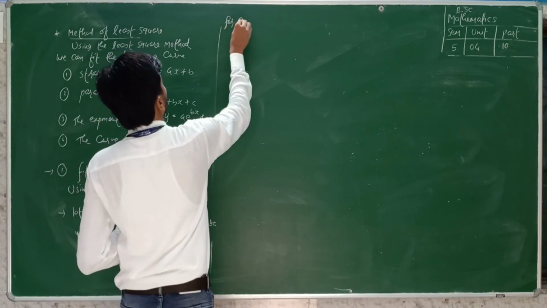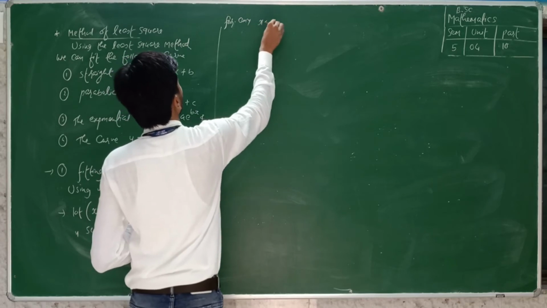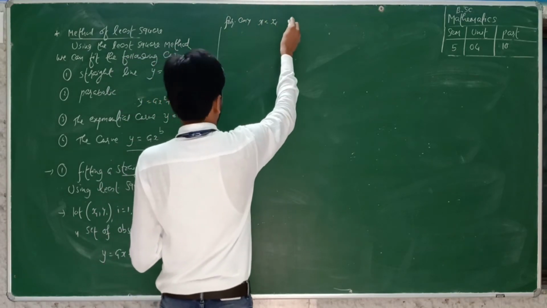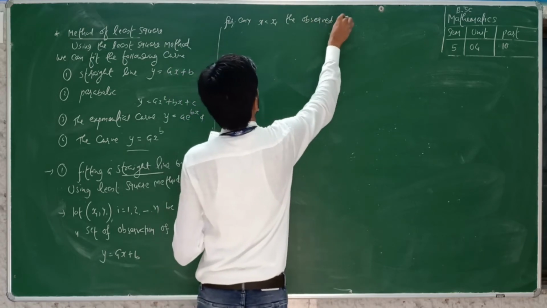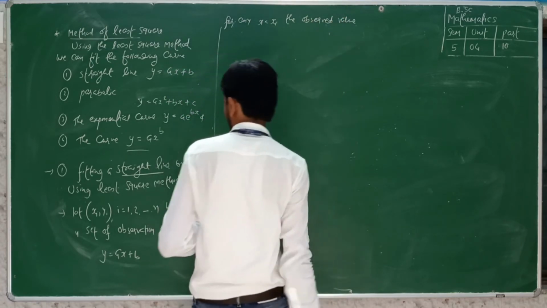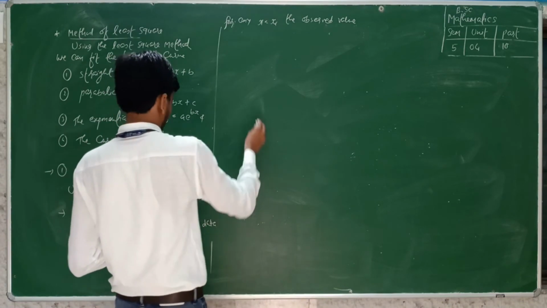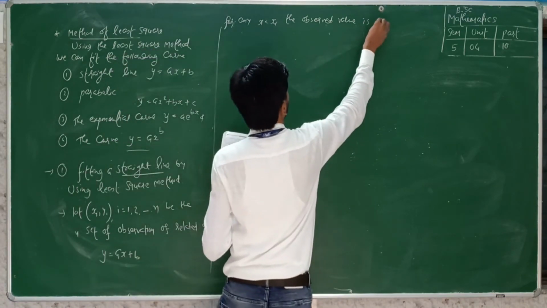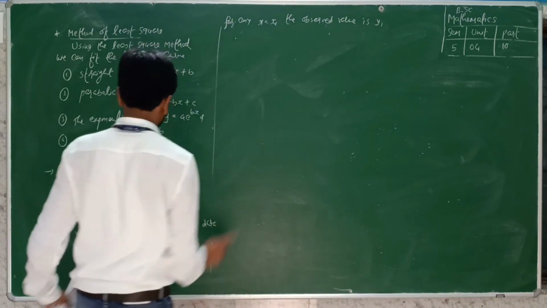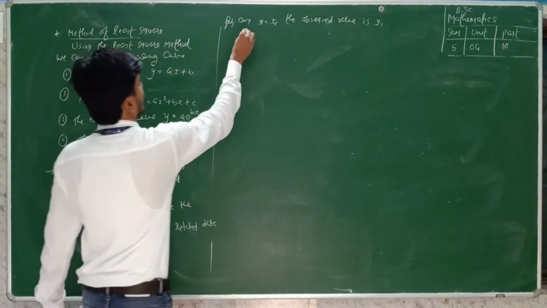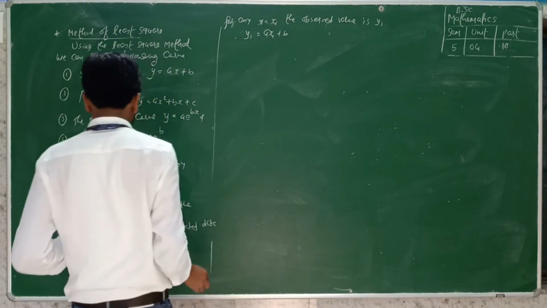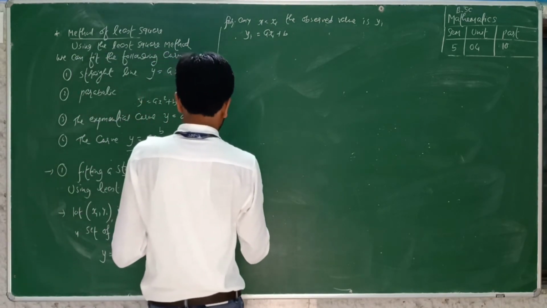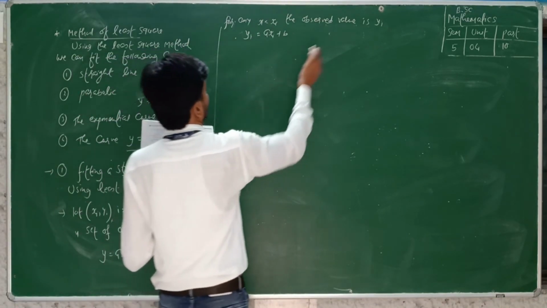So for any x is equal to xi, we can find the observed value and the expected value. The observed value is yi. So yi is equal to axi plus b.